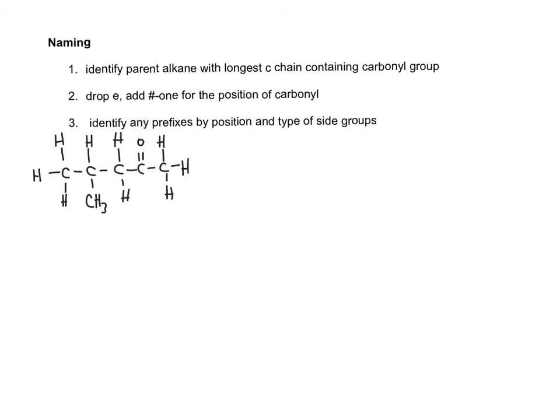So if we look at the structure, here's our carbonyl group. So we are going to count from this end. So the longest continuous carbon chain, no matter if I go left to right or left then down, is 5 carbons. So my root is pent, and the carbonyl group is on carbon number 2.